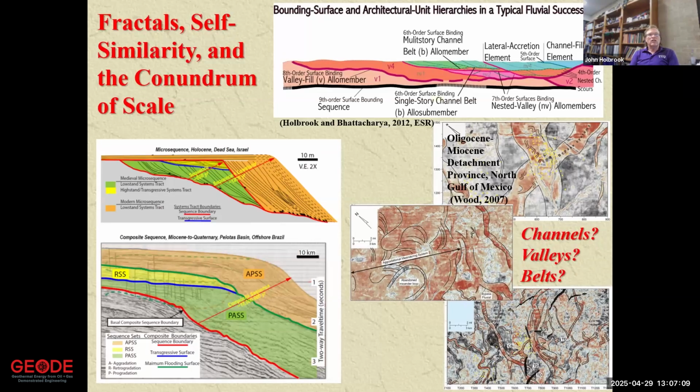In a fluvial system, there are 6 different orders of that hierarchy that all look like channels. If you're just seeing channels, you could be looking at valleys, belts, or channels. All of them look the same geometrically. So your challenge in interpreting the reservoir is figuring out where in that hierarchy you are and which of those reservoirs you're looking at, so you can make better predictions about their behavior.